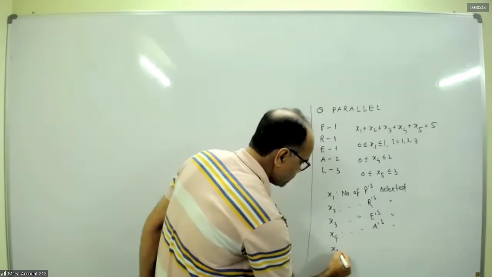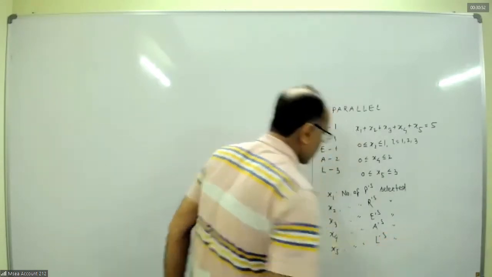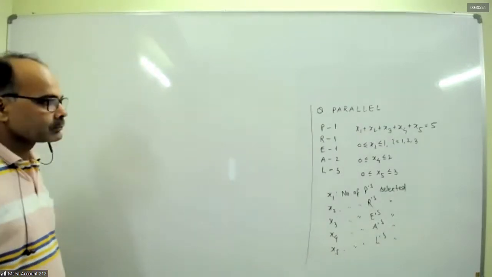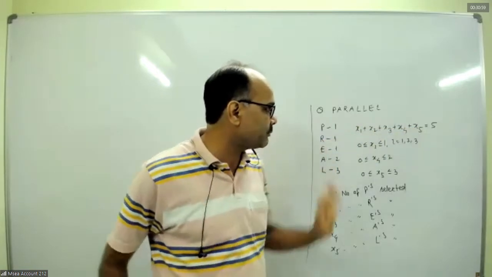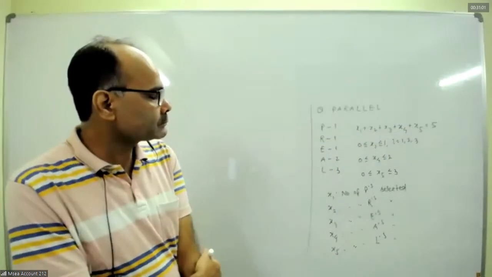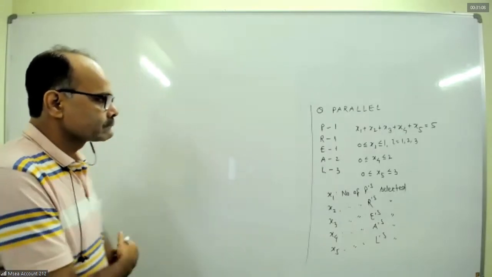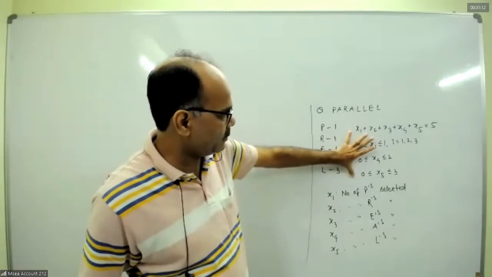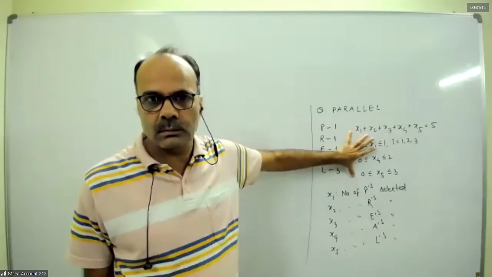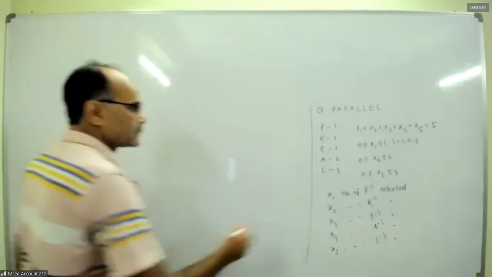X5, number of L's selected. So X1 plus X2 plus X3 plus X4 plus X5 must be 5, because at a time we need to select 5. So the number of solutions of this mathematical model will be the number of ways of selecting 5 alphabets from this.